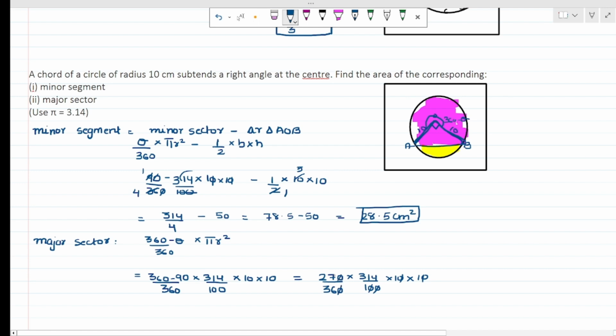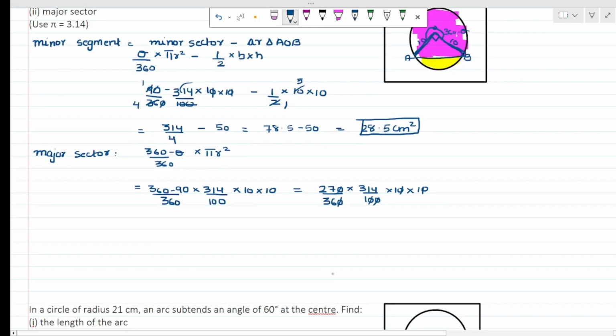0, 0 cancel. Now you can take 9's table. Okay, you can take 3's table. You can take 9's table. Cancel this out. This is 9 4s are. This is 9 3s are. And finally, you will get your answer: 3 times 314 upon 4.